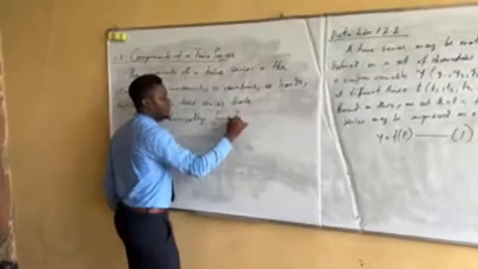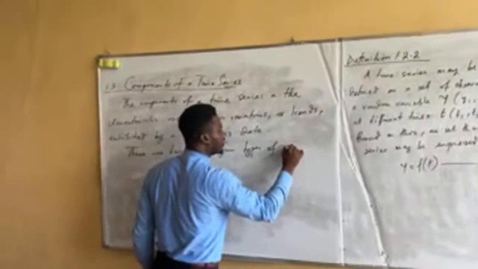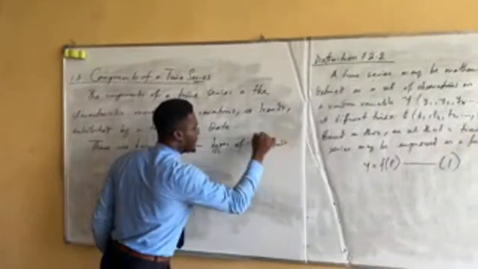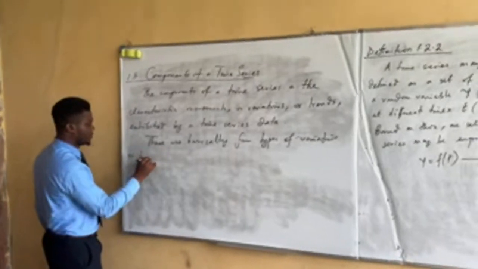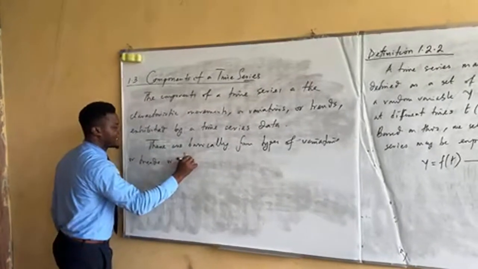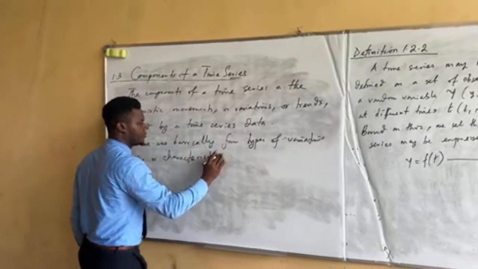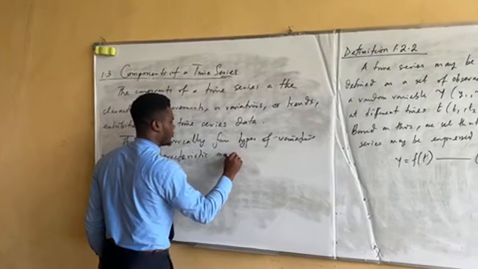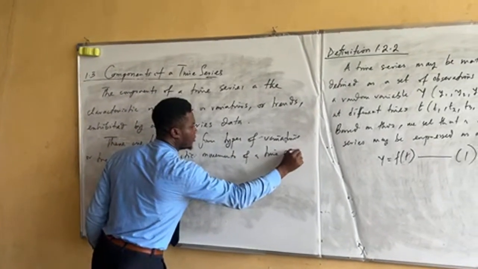So we would say there are basically four types of variations, or trends, or characteristic movements of a time series. Am I wrong?